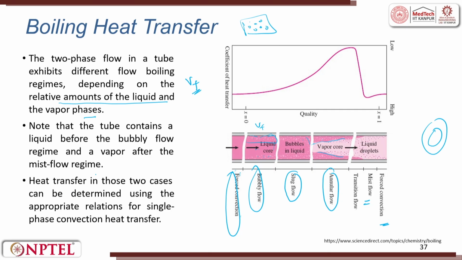Note the tube contains a liquid before the bubbly flow regime and a vapor after the mist flow regime. You can see the coefficient of heat transfer is very high in the transition region and then it falls down.